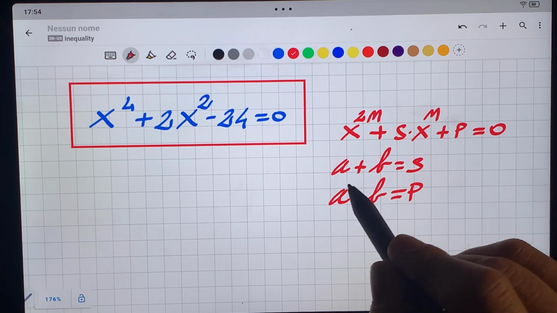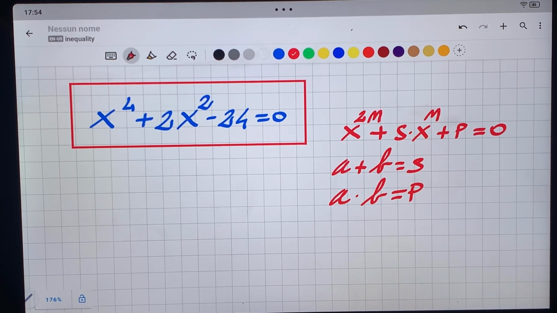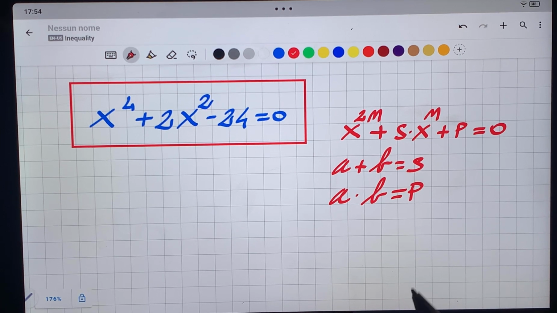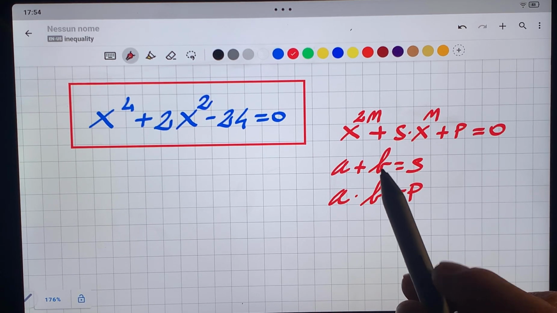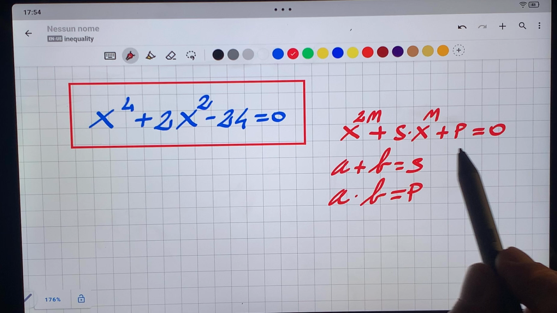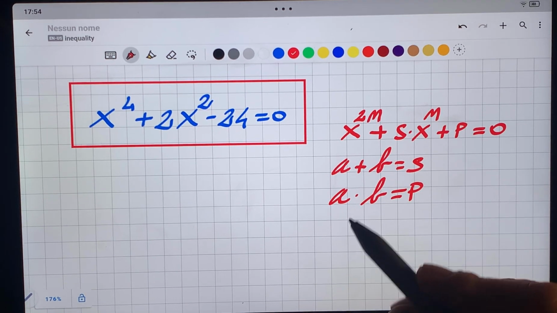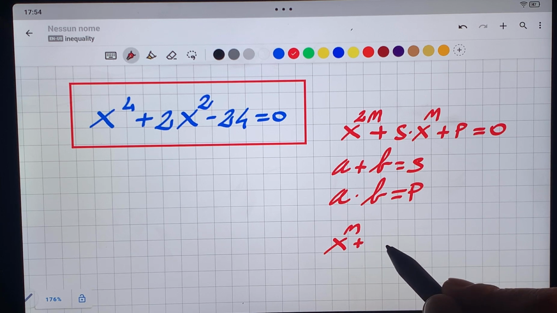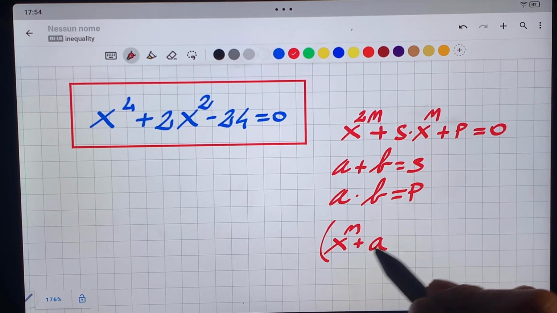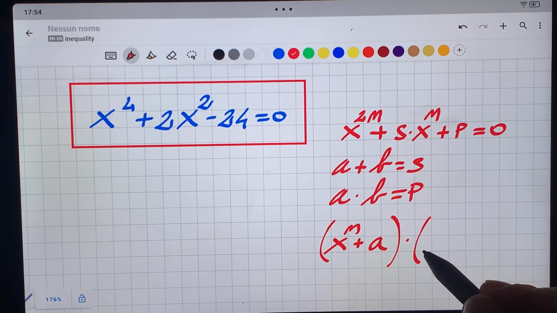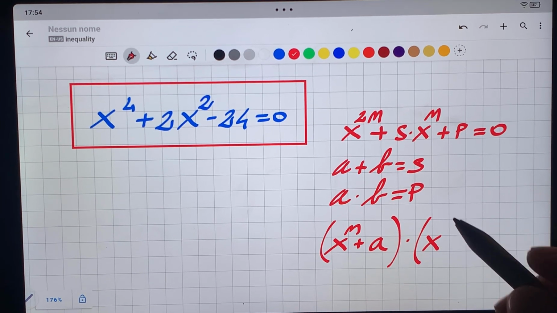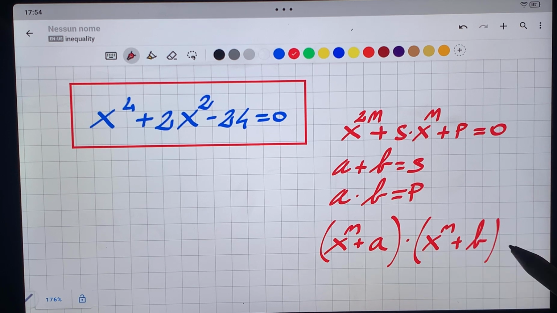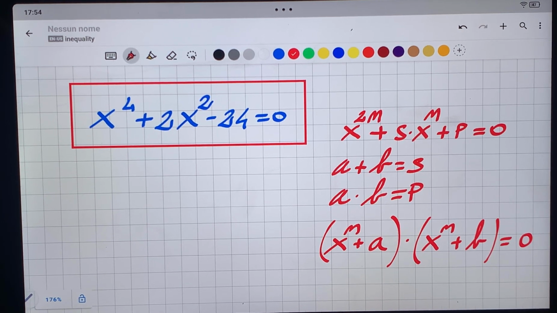To find those two numbers we proceed by trial and error, and we will factorize this equation as x to the power of n plus a times x to the power of n plus b equal to 0.